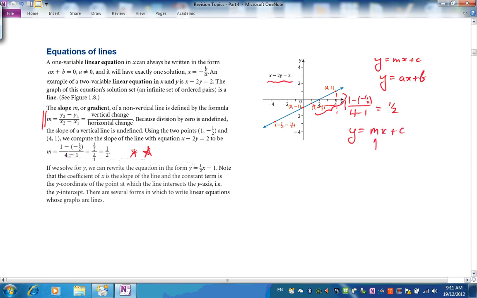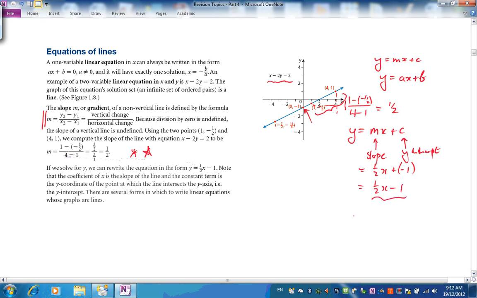The slope is this number in front of x, and the c is the y-intercept. So you could actually put this 1/2 x plus, and what's the y-intercept? -1. So we'll just get plus 1/2 x plus -1, or if you like, just 1/2 x take 1.